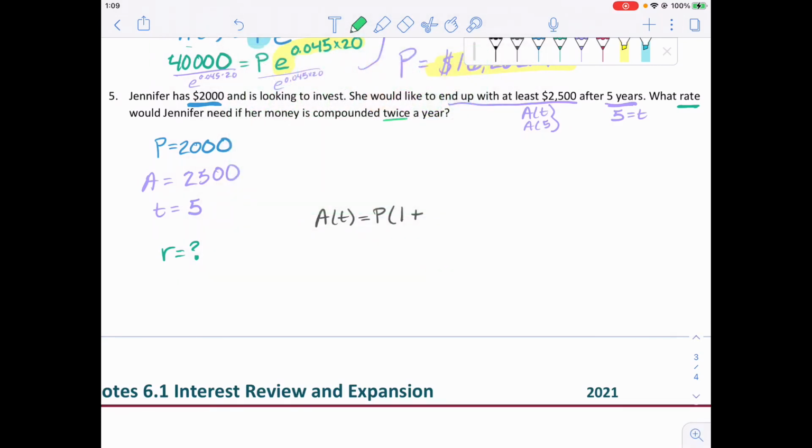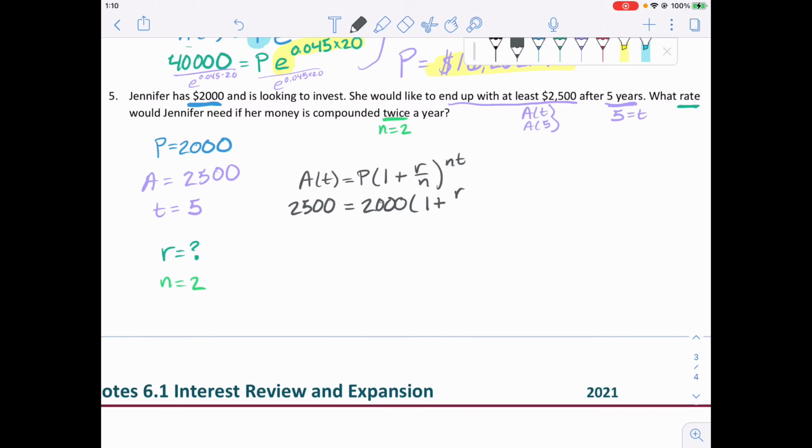Here we've got twice a year, so that's going to be our n. This is the formula we're going to use. And so let's put our values in. We got 2,500 equals 2,000 times 1 plus our rate, which we don't know, but we want to find, divided by n, which is 2, to the 2 times 5.